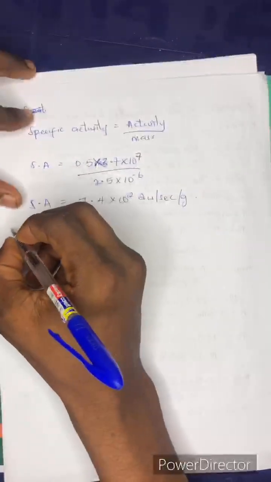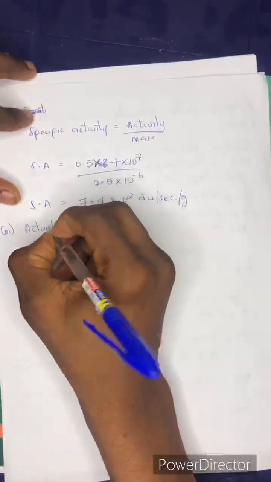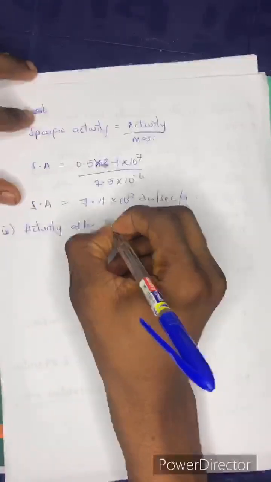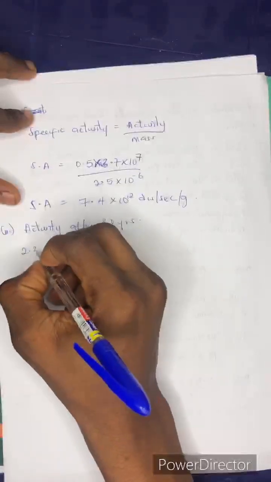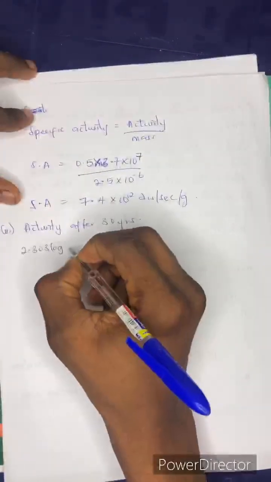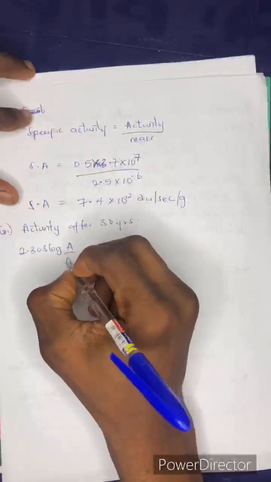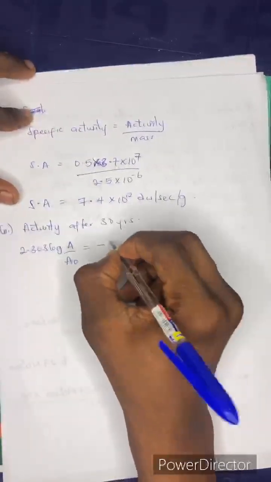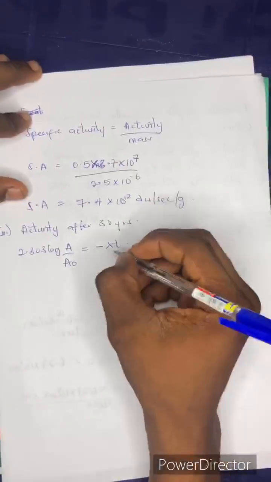So now the next question says that you should find activity after 30 years. Now don't forget that formula, 2.303 log N over N naught. Now instead of using N over N naught, you use A over A naught equals minus lambda t. Now the good part is that we can easily get lambda.